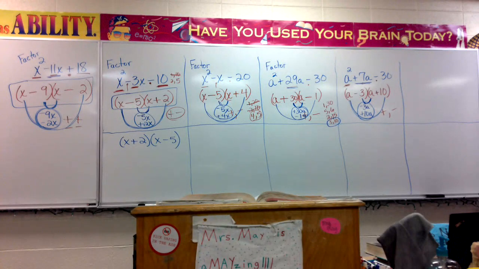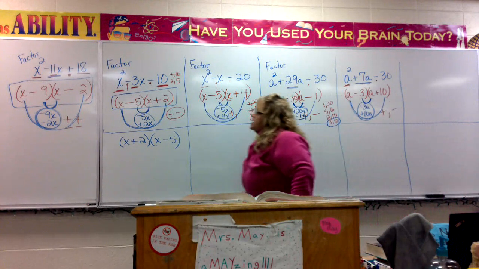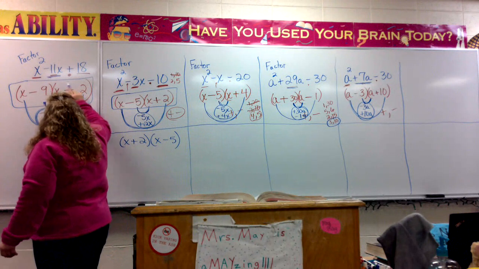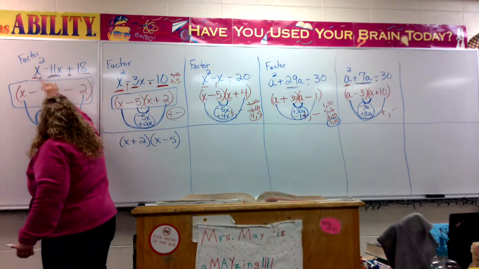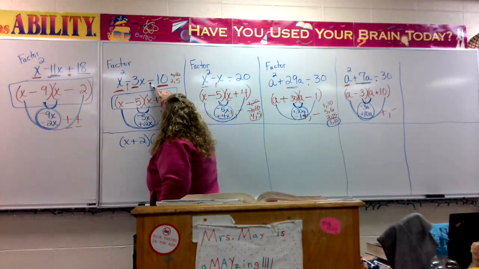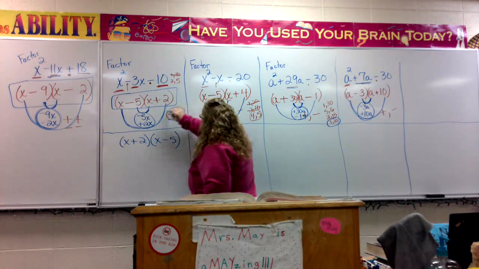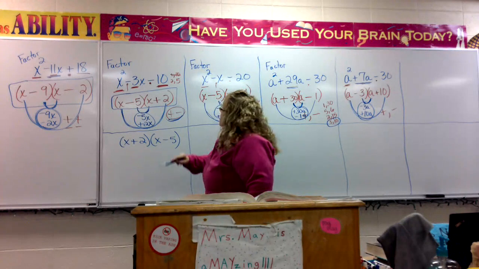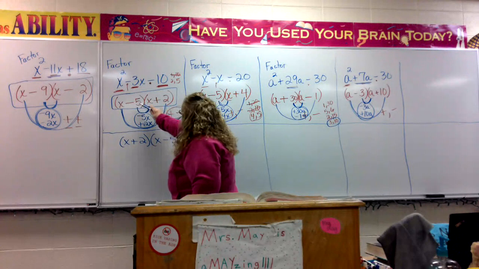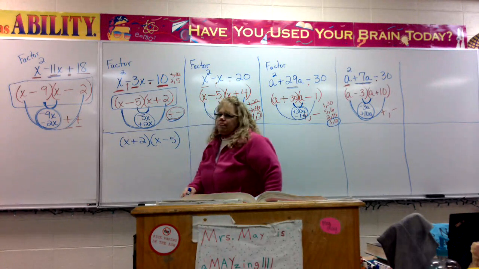Do you want to see some more examples? I think you have it. It's the same process if you learned over here, how do I multiply and get this? It's got to be a positive positive or a negative negative. How do I get a negative? Well, that means I've got to have one of each. Whatever's in the middle here, the bigger one of those two gets it.